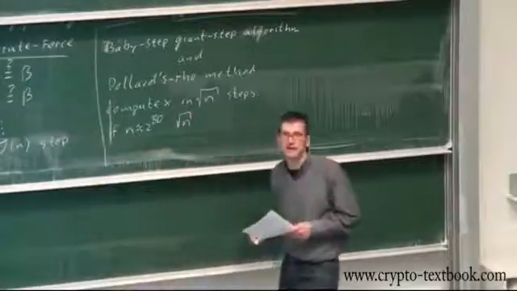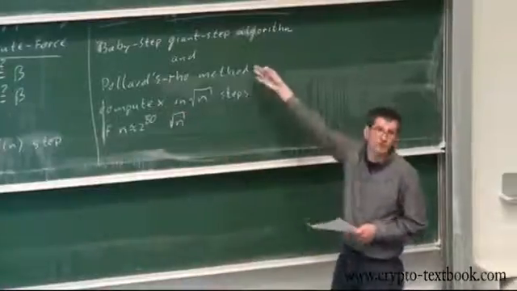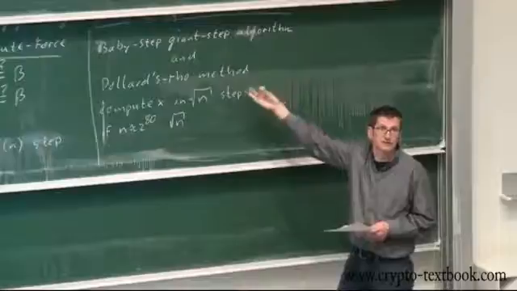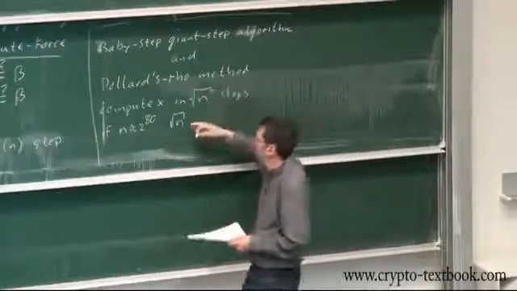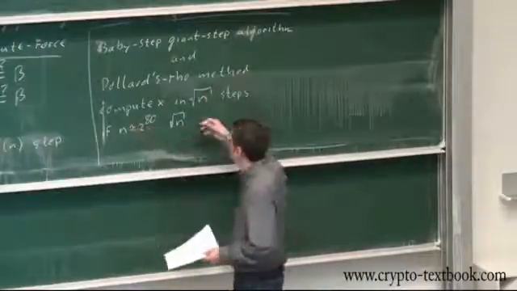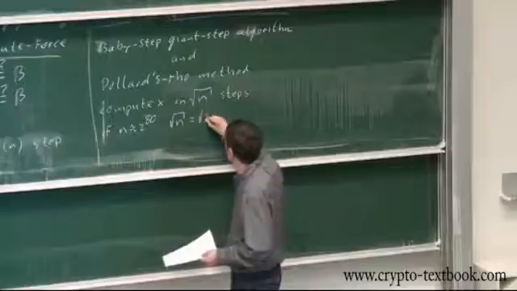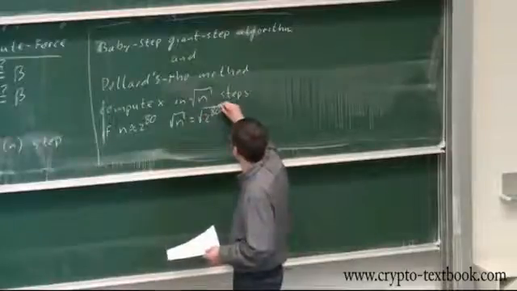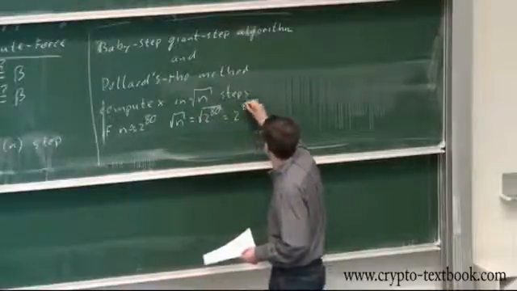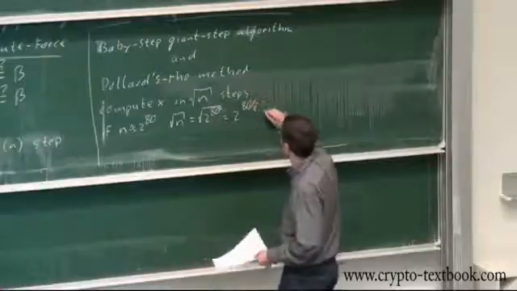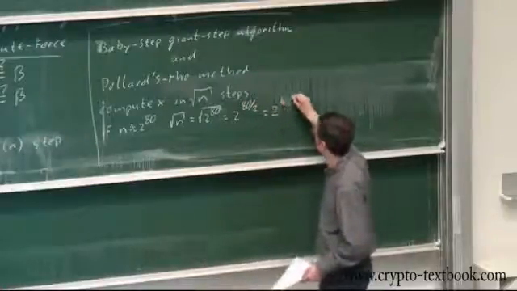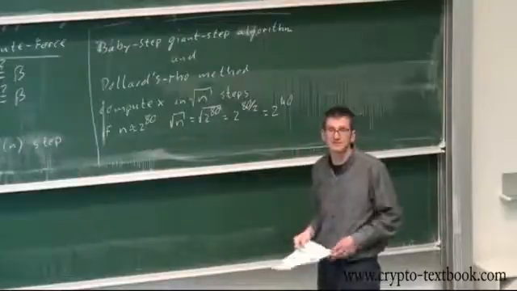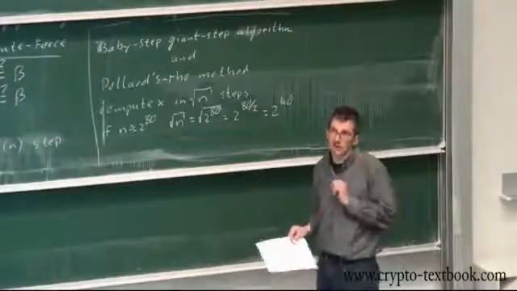but the new attacks that I told you exist, you take these attacks, and instead of 2 to the 80, you have square root of 2 to the 80, which is 2 to the 40. And this you can do on your laptop.